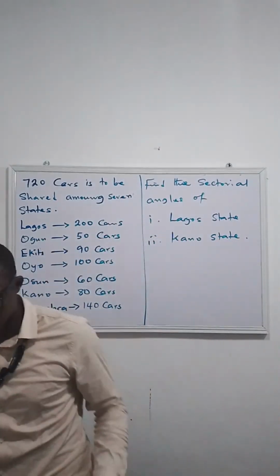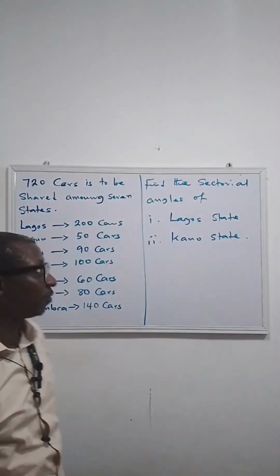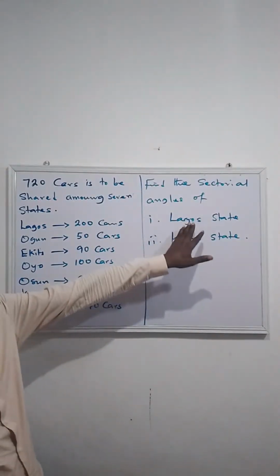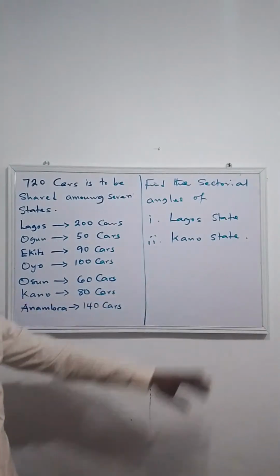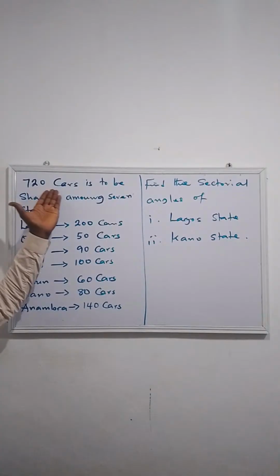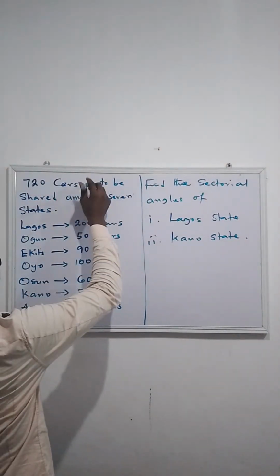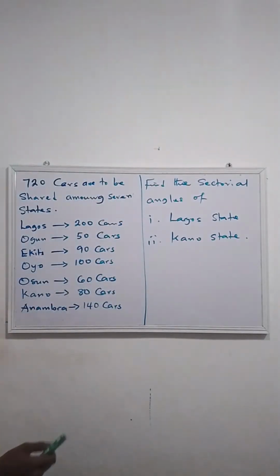Okay, so that is the question for every one of you. Now you have to find the sectorial angles of Lagos State and Kano State. All right, can you see the question now? 720 cars are to be shared among 7 states.